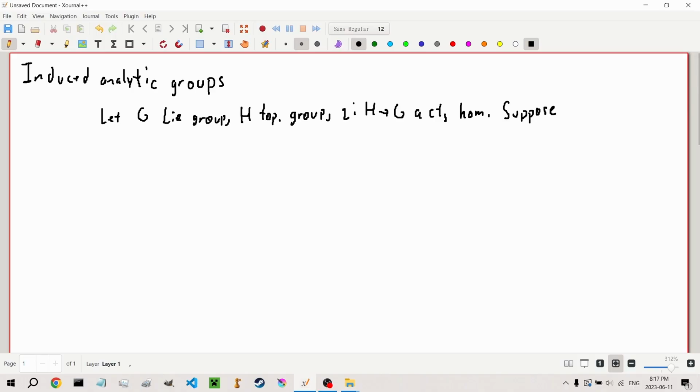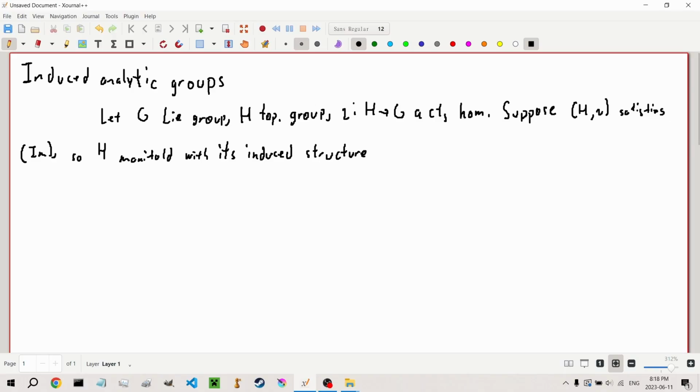Suppose that the pair H, iota satisfies a set of conditions we saw a few days ago, called IM, which is going to make H a manifold with its induced structure. Then H is a Lie group.